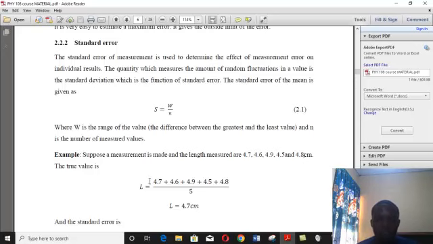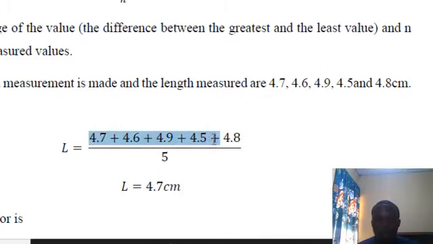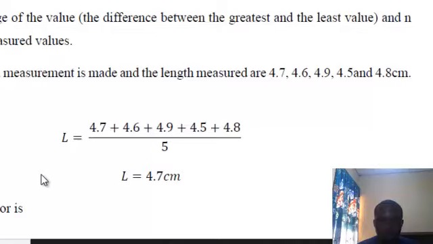The true value is the summation of all the lengths that were taken divided by the number of values taken. This is the first one, the second, the third, fourth and fifth value. That's why we have the number 5. And then after doing the whole summation divided by the number of values, we got 4.7 as the true value.